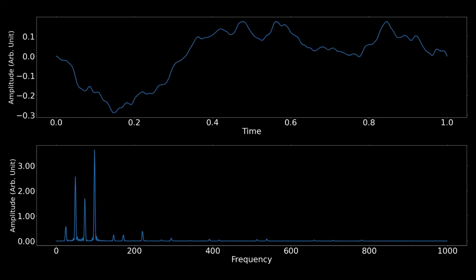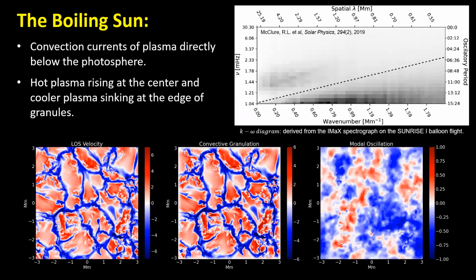Okay, so just like I have shown you in the previous one, this part is coming from the modal oscillation, right? And this one is from the Sunrise balloon flight, and this data was taken for something like 30 minutes or so. But if you take long enough data, for example years of data, then you will have a much better resolution in the Fourier spectrum.